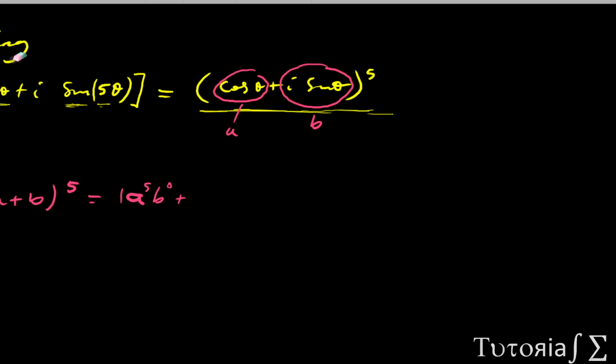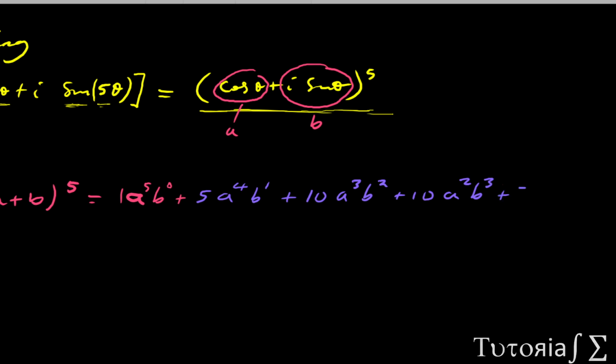Okay, then we're going to have 5. Remember the other coefficient was 5. Then a to the power, the a reduces by 1, so that will be 4. Then b increases by 1, then plus 10, a reduces by another 1, so that will be 3, b increases by another 1, so that will be 2, plus again 10, then a reduces by 1, so that would be 2, b increases by 1, that would be 3.